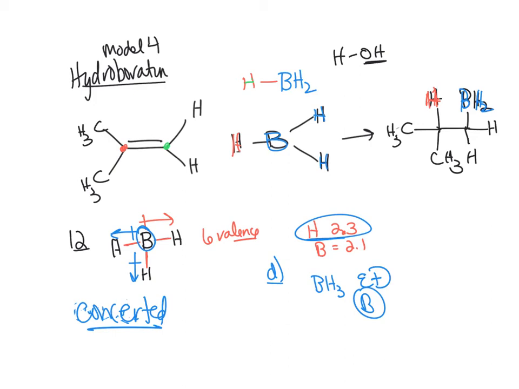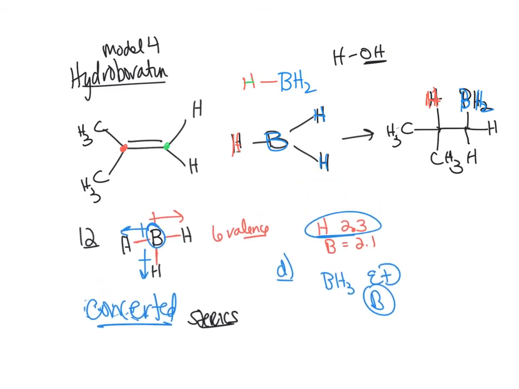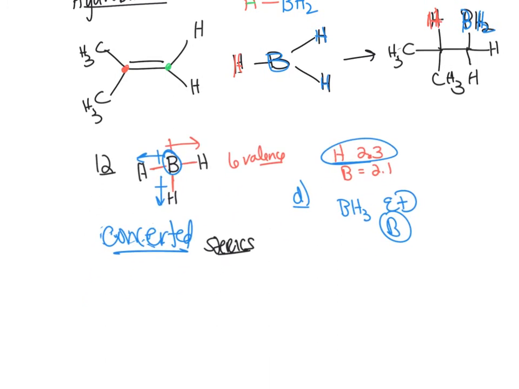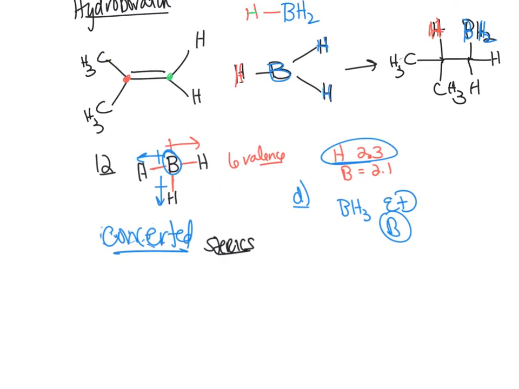Why does the addition occur to give the regiochemistry shown above? The way I've always done this is more of sterics. I think of it as sterically driven. So let's look at this here, CH3.